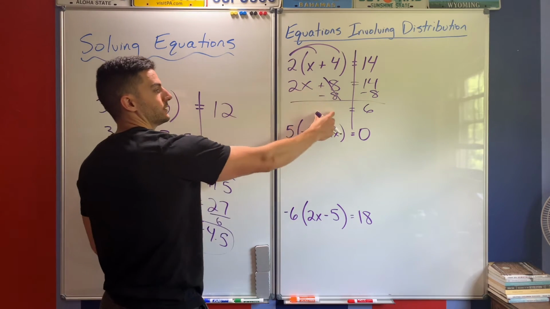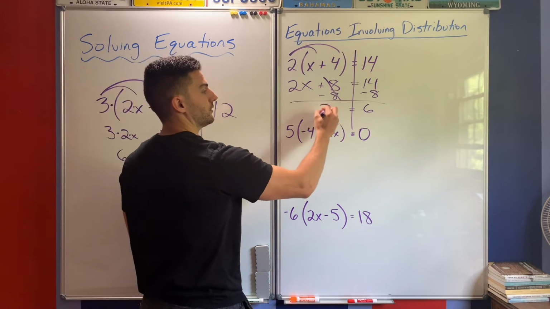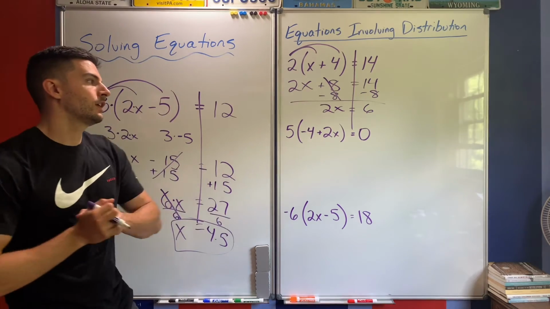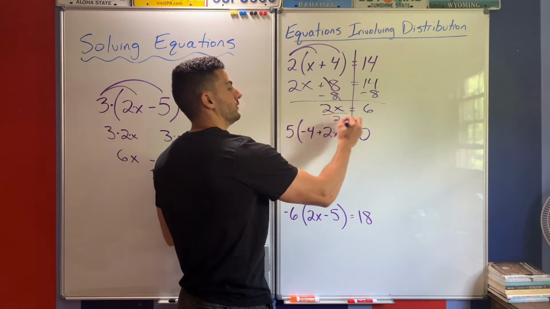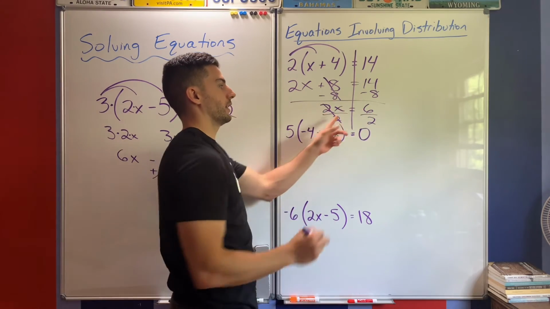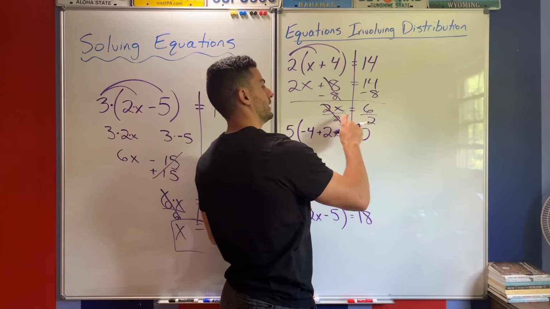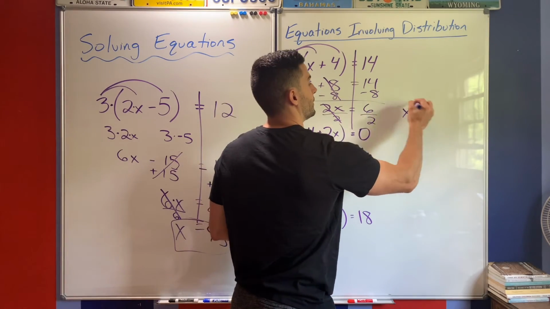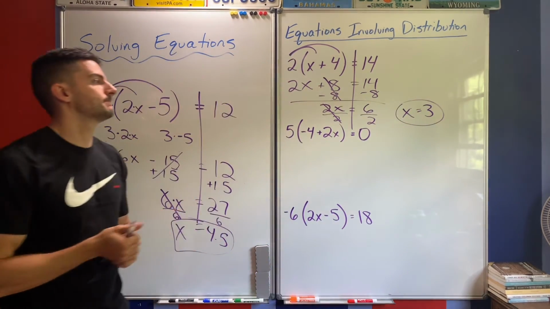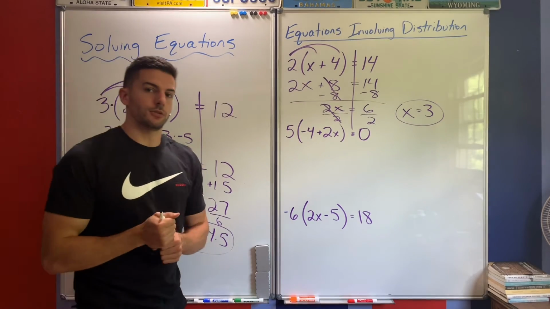And here 2x didn't change, so that comes down, 2x. So now I have 2 times the x number equals 6. And you divide by 2 from both sides to find out what that x number is. And we get x equals 6 divided by 2, which is 3. Okay? So that's how we do that one.